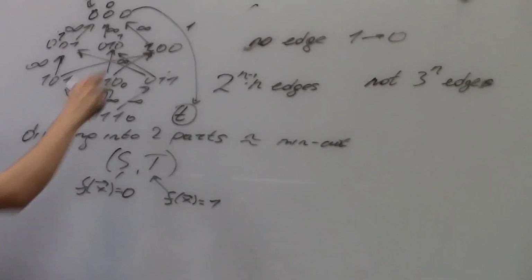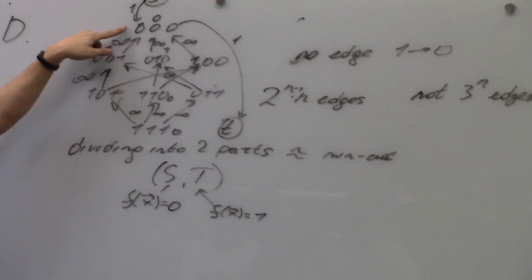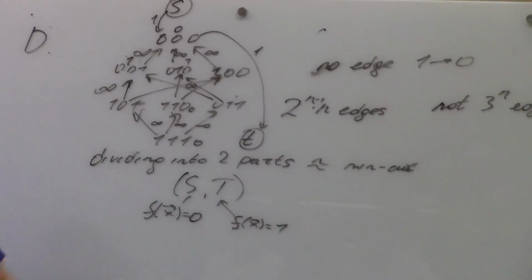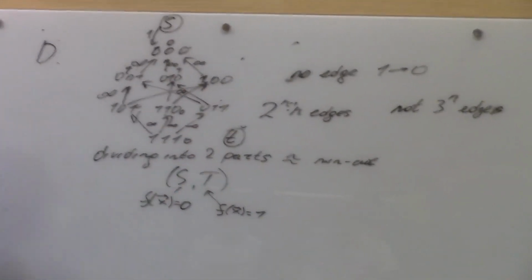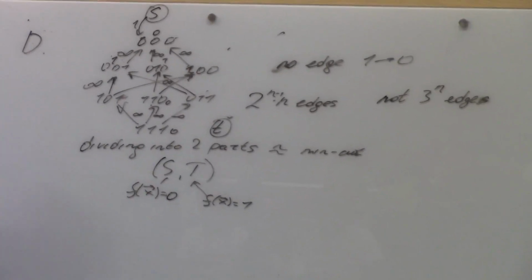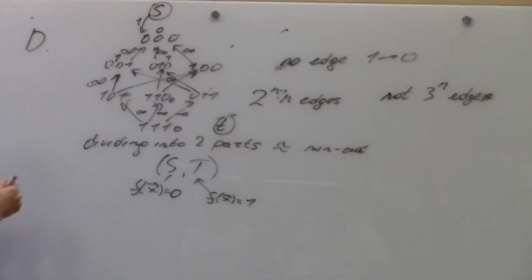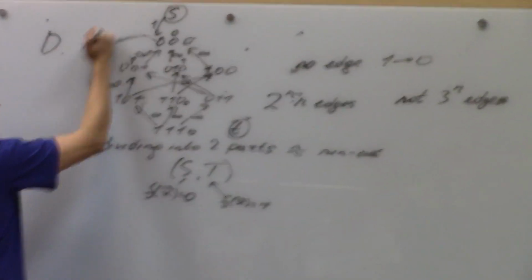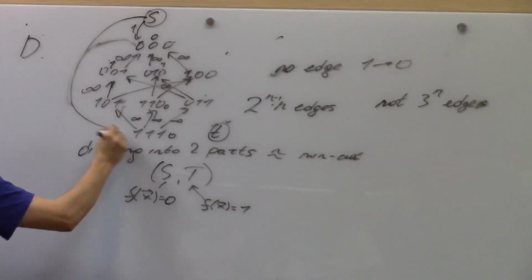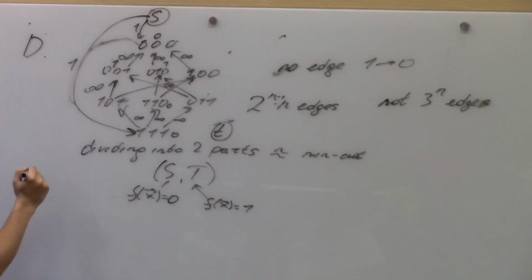Okay, so if the value is already 0, then we draw an edge from S to that value with capacity 0. And so for example, this one, there is also an edge from here to here with capacity 1.